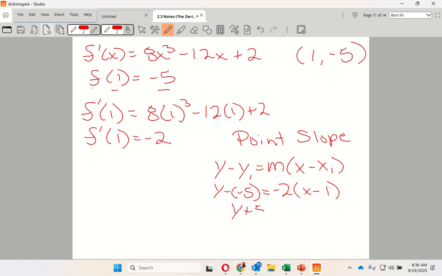Y plus 5 equals negative 2x plus 2, minus 5 to both sides. So this is the equation of the tangent line.